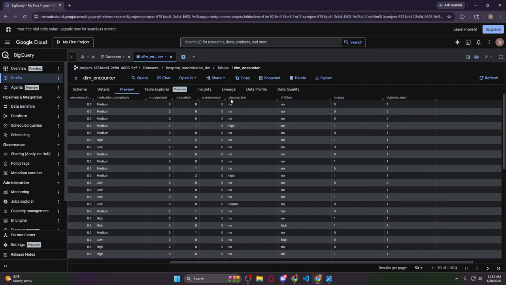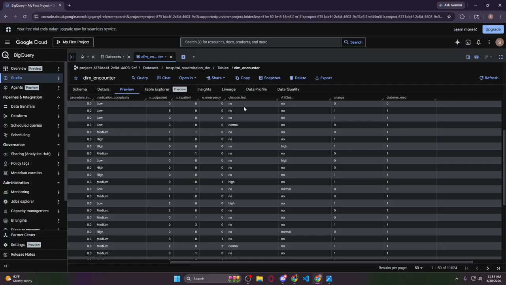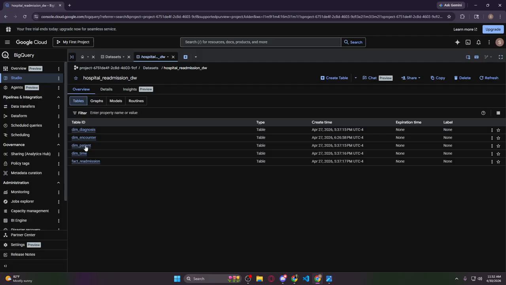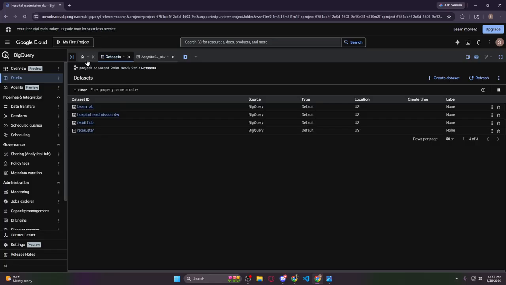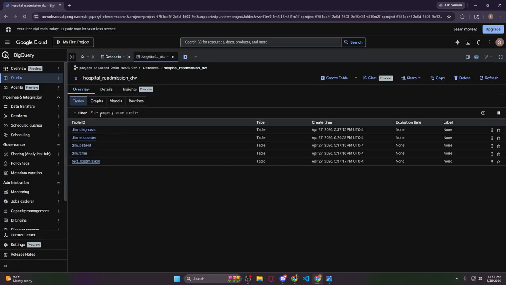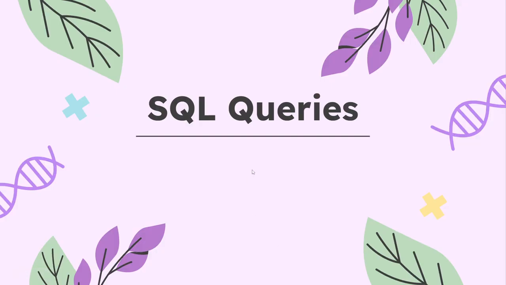The reason the glucose test and A1C tests were changed to 1 and 0 is because they were on different measurements. It was no test, normal, high, I believe. There might have been a low, but I don't think there was. And then I already showed diagnosis. So that's that. Now we're going to move on to our SQL queries.